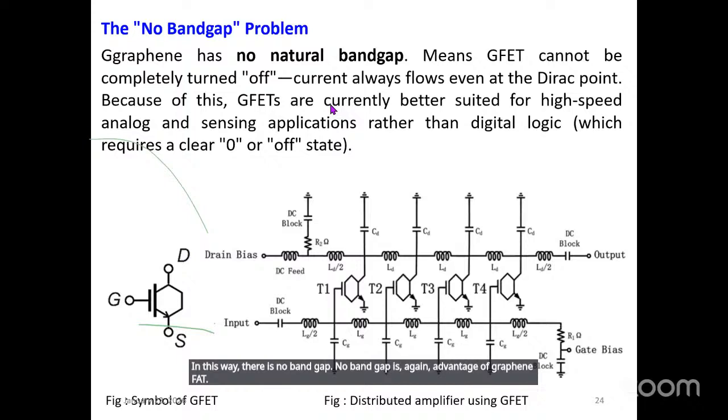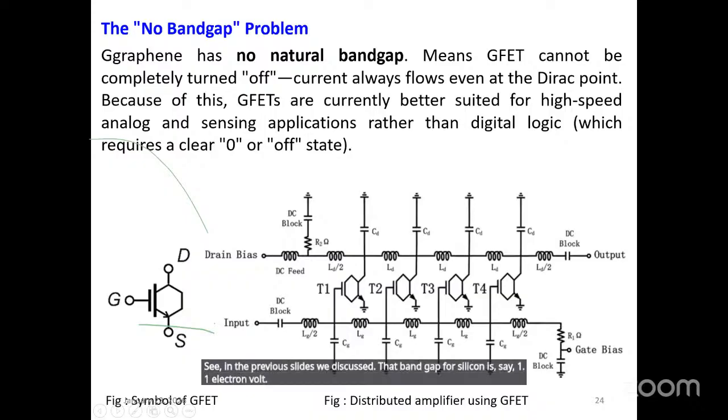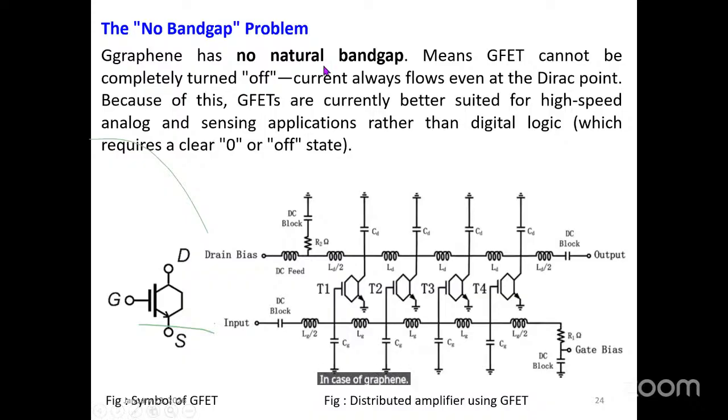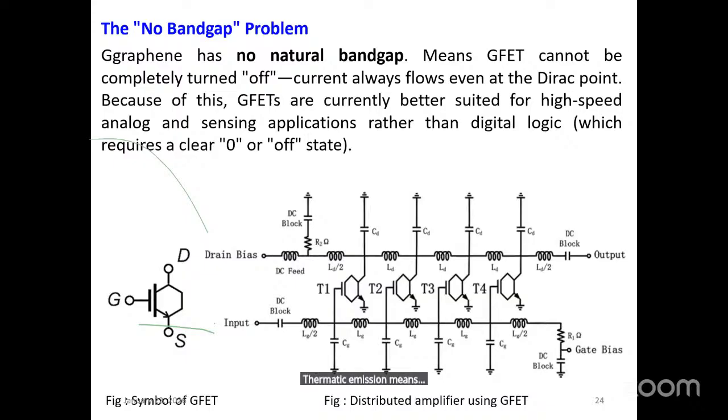See, in the previous slides we discussed that the band gap for silicon is say 1.1 electron volt. In the case of graphene, this problem is nullified. If there is a band gap, the electron travels from first point to second point because of thermionic emission. Thermionic emission means when an electric field is applied to the device, the electron gets electric energy and can move from one point to another.